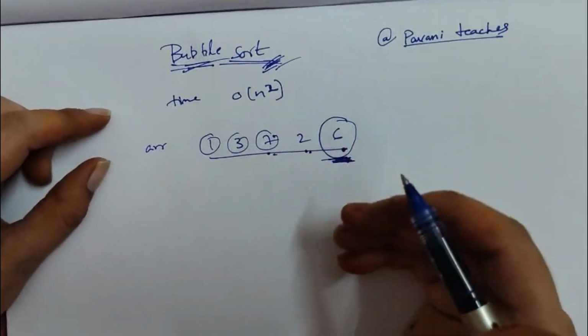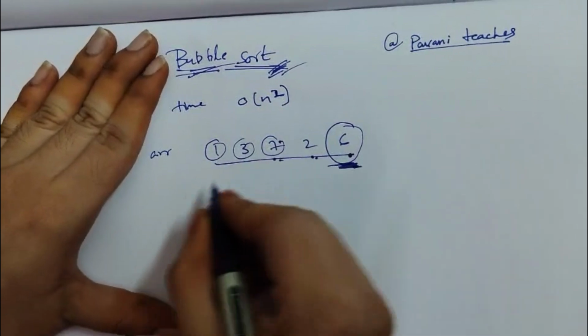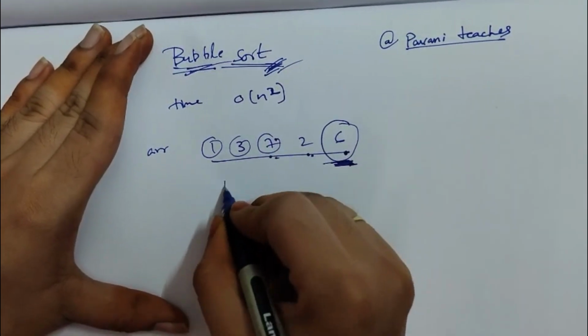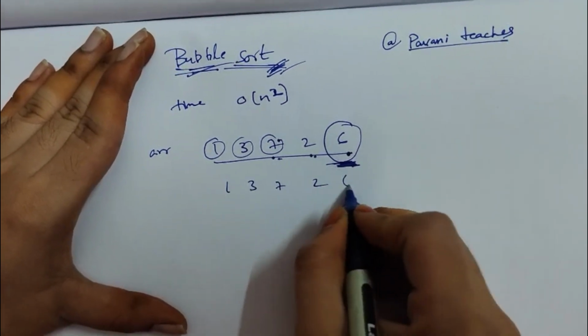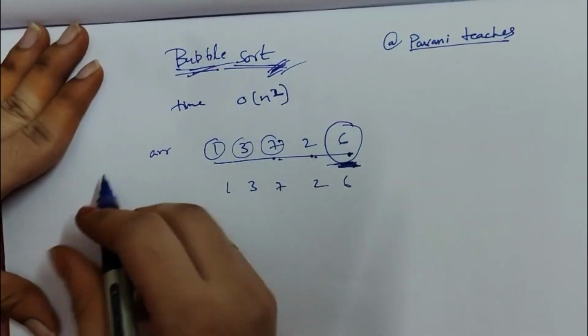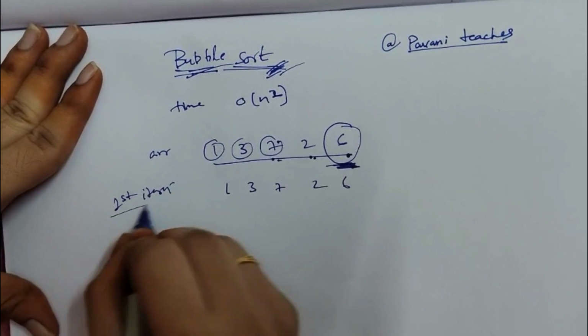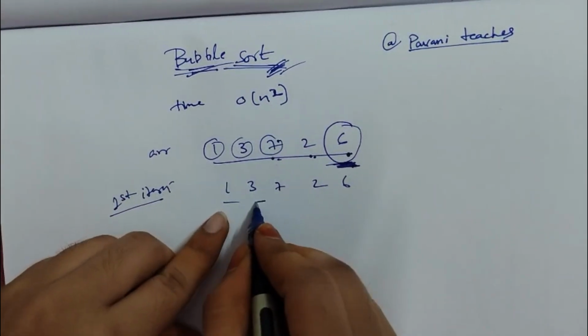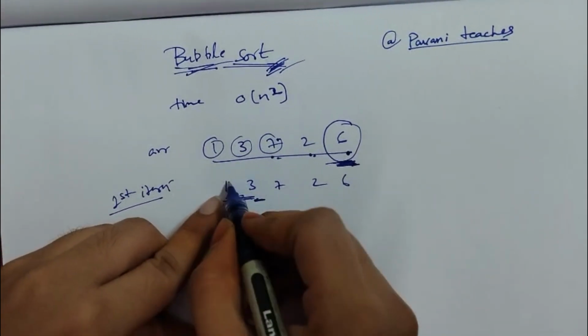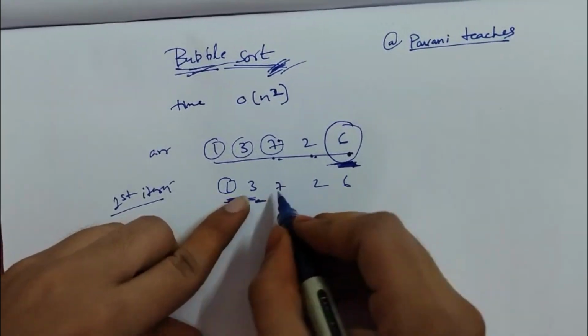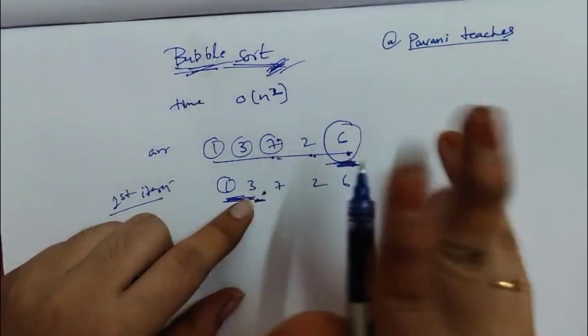Okay, I'll explain in detail. Now we are having an array of 1, 3, 7, 2, 6. Okay, at the first iteration first we'll compare these two numbers. As 1 is smaller than 3, we will not swap anything.